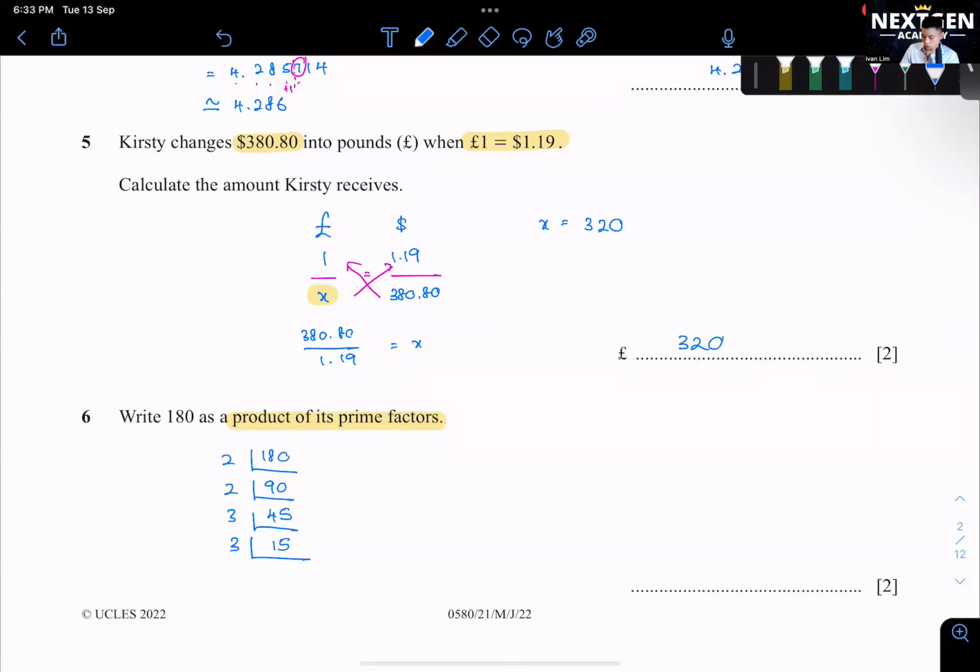Then 3 again, then left with 5. What if I bring 2 types of calculator to the exam? It's fine, right? There's no rule that says you cannot bring. So these are your prime factors: 2 times 2 times 3 times 3 times 5.